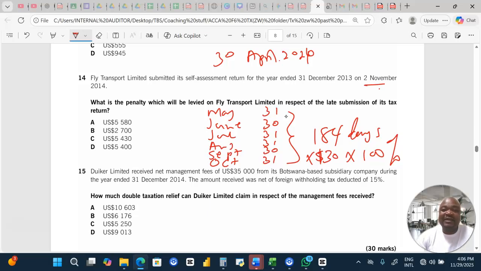The penalty has got a maximum limit, so it's up to 181 days. 181 days allowed. The $30 is a daily penalty, right? So here they have taken 184 days, but we are only going to charge up to 181 days. So that's 181 multiplied by 30 multiplied by 100%.